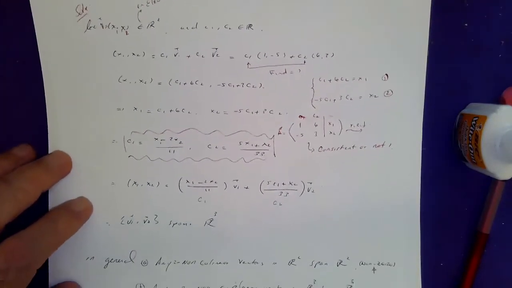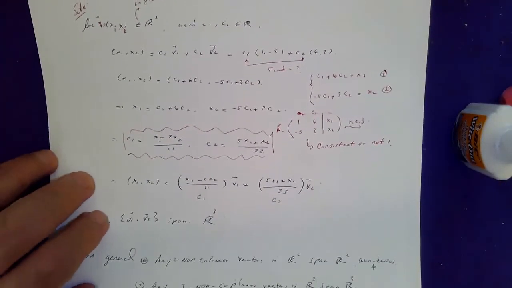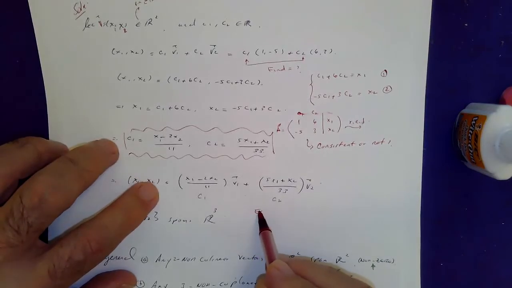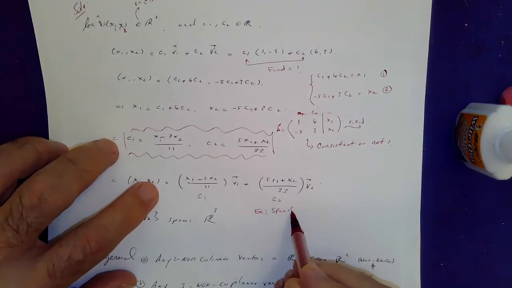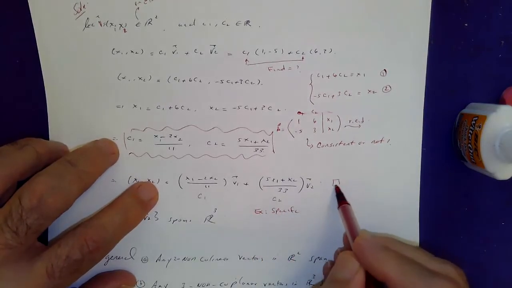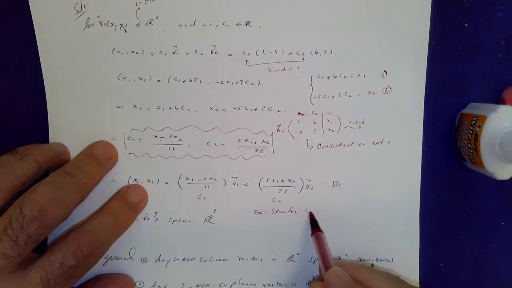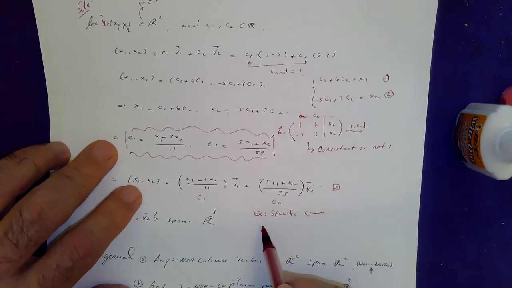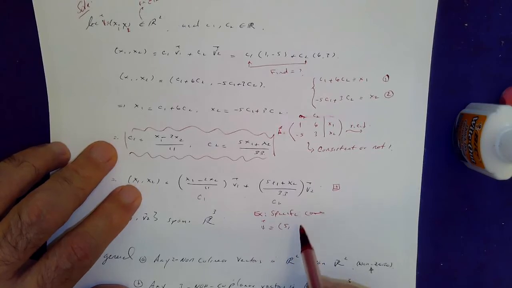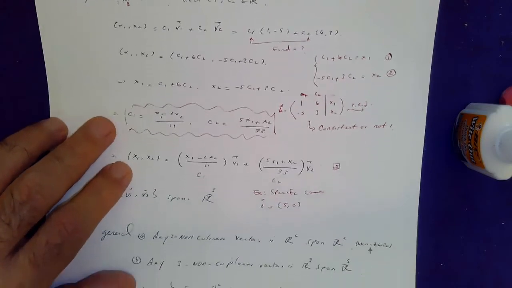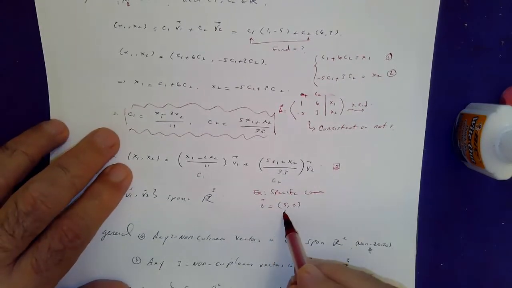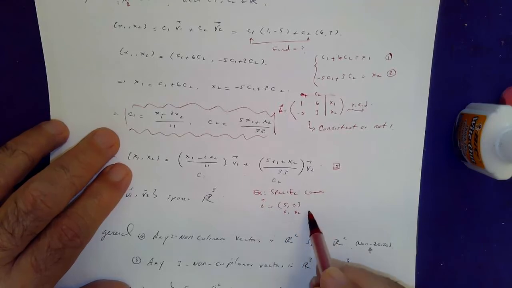So specifically, let me just give you a specific case. Remember now, we are finished with this problem, correct? A specific case might be, you might choose the vector, let's say (5, 0). So in other words, let's say this is your x1, and this is your x2.